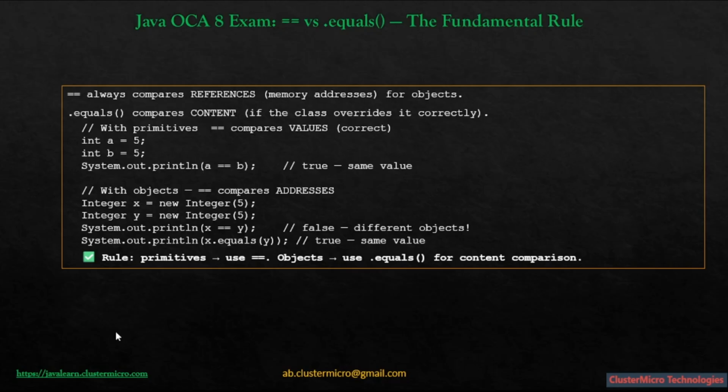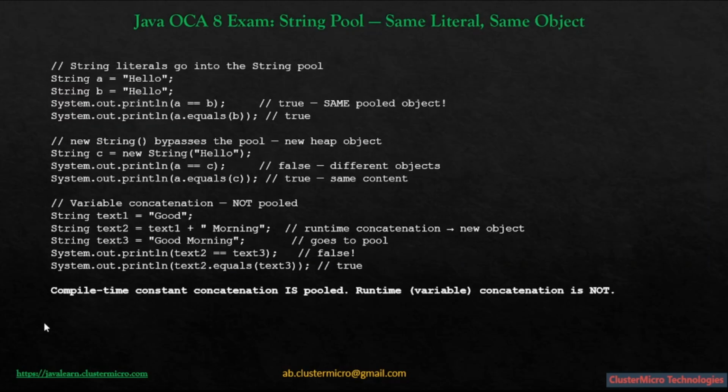To compare the actual content of the objects, you should use the .equals() method. This rule applies to all object types including Integer, String and custom classes. In short, use == for primitives to compare values, but use .equals() for objects when you want to compare their contents.